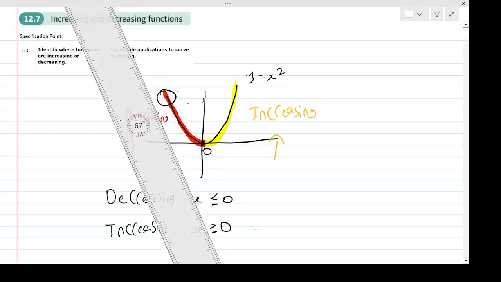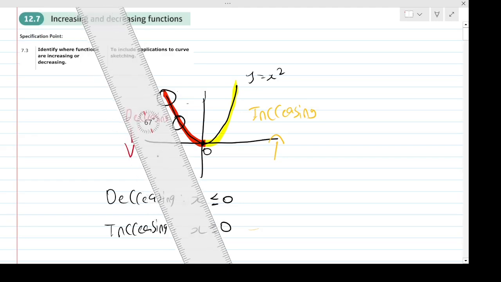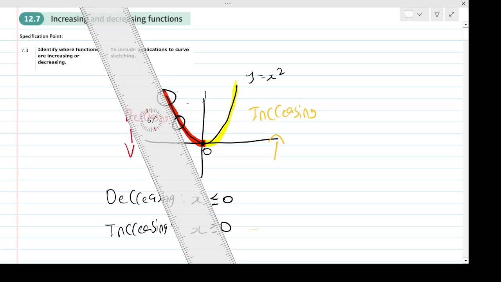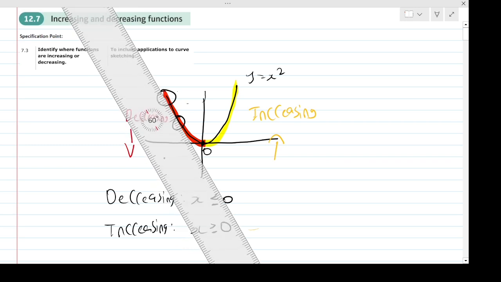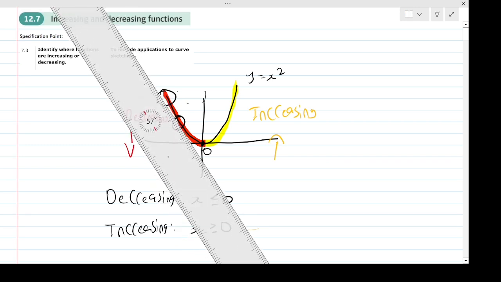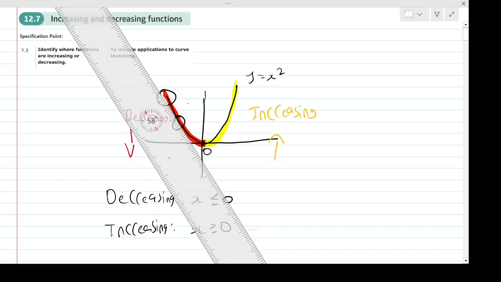Then let's consider this second point in the middle part here. If I draw the tangent to the curve there, it's starting to become less steep. Something like that. So it's still negative, it's still going down. My tangent, my gradient, is still negative, but it's starting to become a little bit less steep.